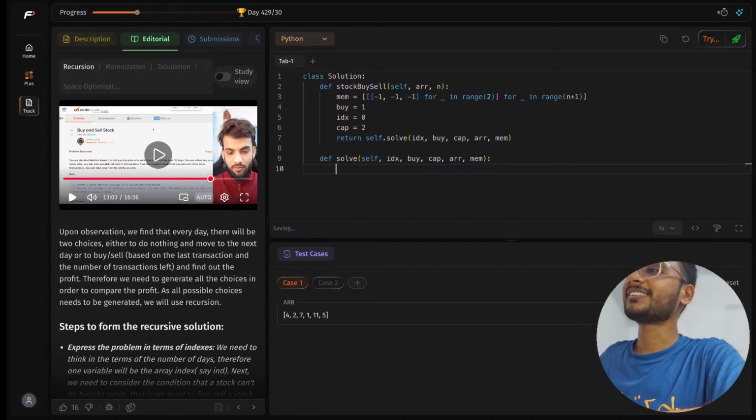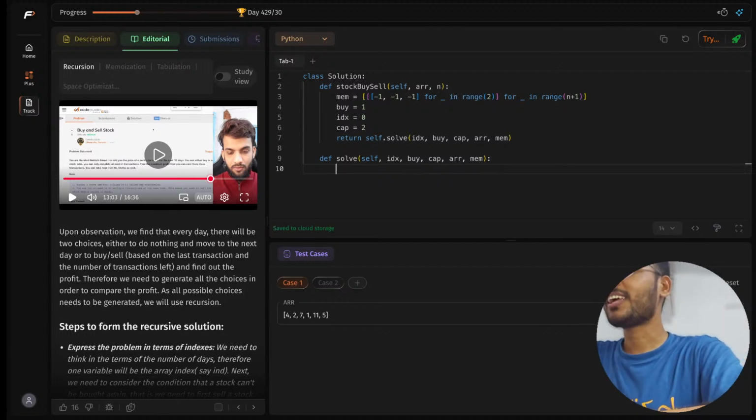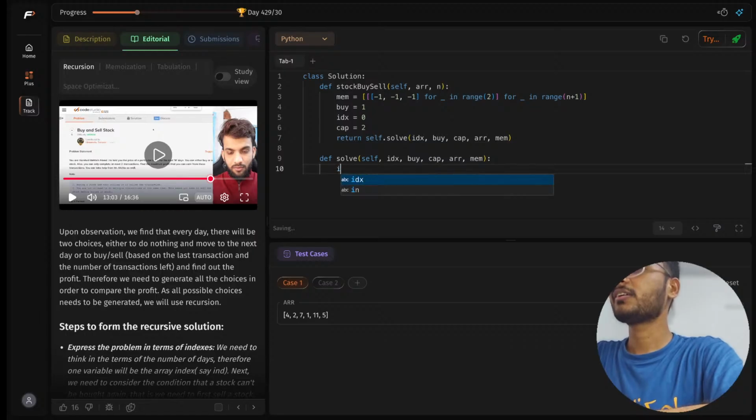So it's more like if idx equals n, return 0. If capacity equals 0, return 0.